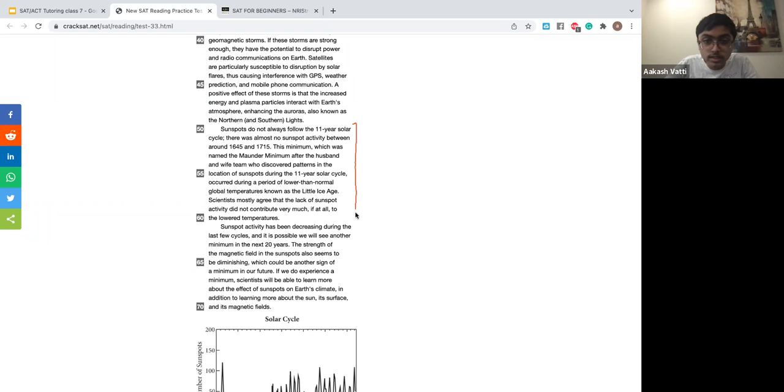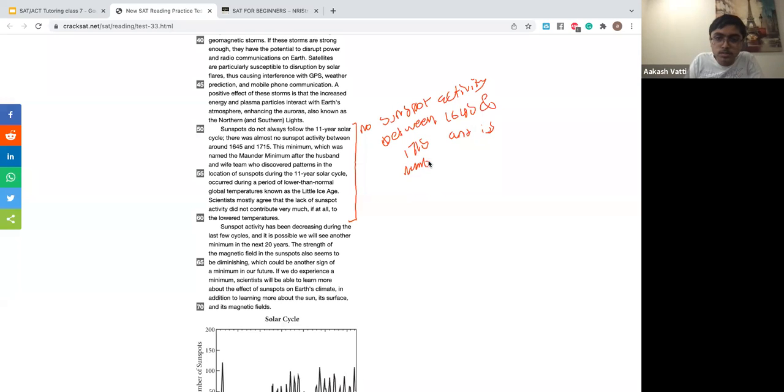So this paragraph basically says no sunspot activity between 1645 and 1715, and is named after a husband-wife team.